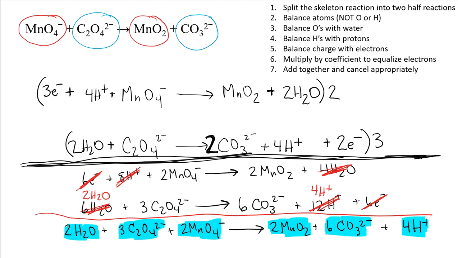Hold on, that doesn't make any sense. Did I screw up? 2, 12, 14. 14 and 8 is 22. 18 and 4 is 22. My goodness. Oxygens balance. Last but not least, the charges: minus 6, minus 2, minus 8; minus 12, plus 4, minus 8. That is our balanced redox reaction in acidic media.